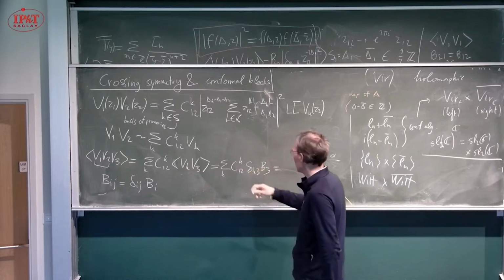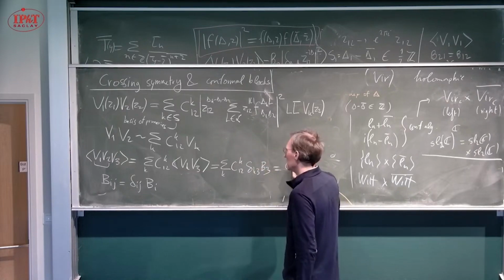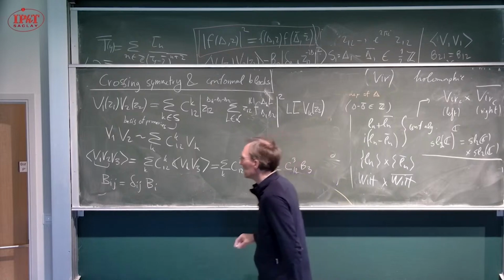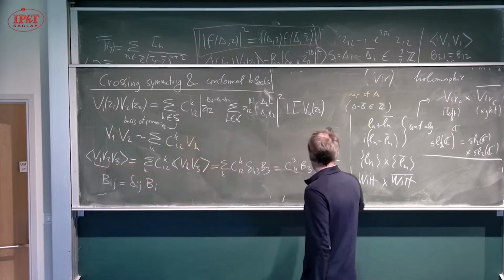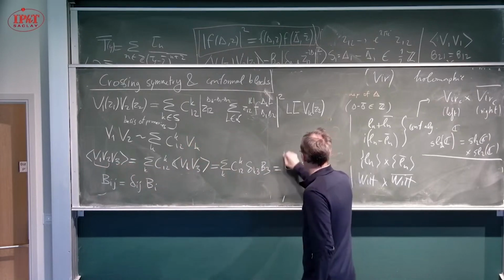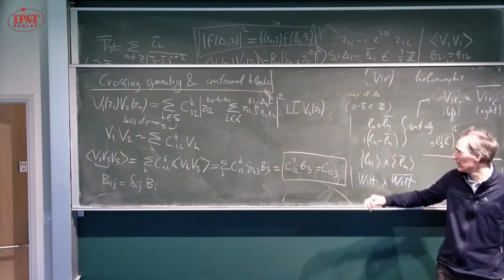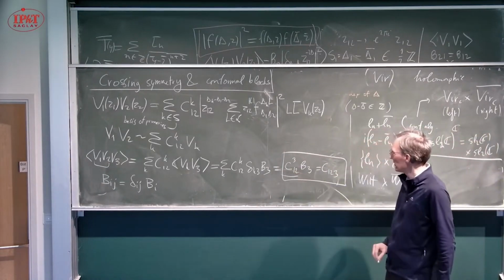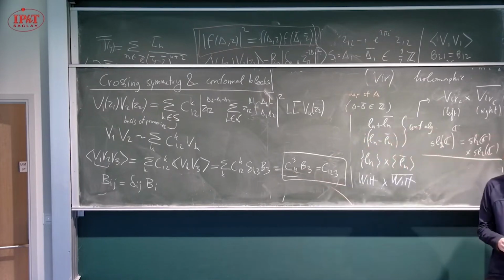And so due to this delta, I can perform the sum, and I get C_312 B_3. So in my simplified notations, my 3-point function is C_123. So we get this rather trivial but important result that the OPE coefficient C_123 is determined by the 3-point and 2-point structure constants.